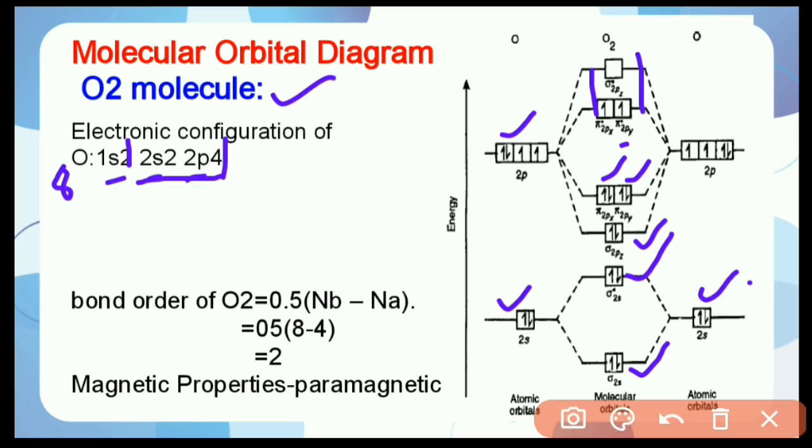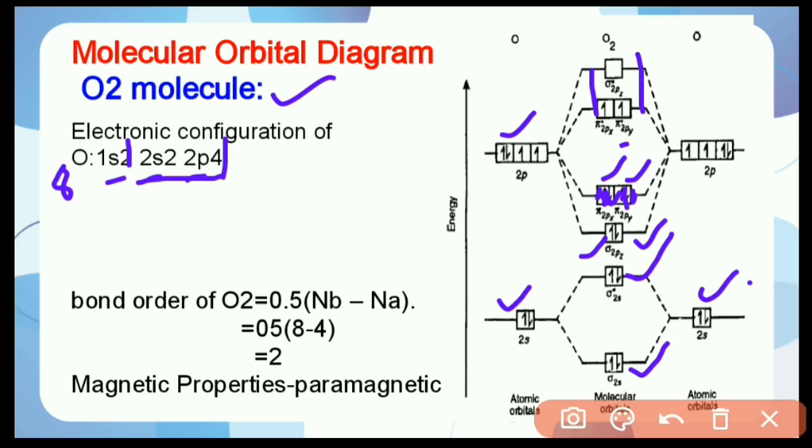By constructive interference, first fill one electron in the 2pz orbital from one oxygen atom, and another electron from the other oxygen atom. In 2px and 2py, first fill one electron each, after that pairing.